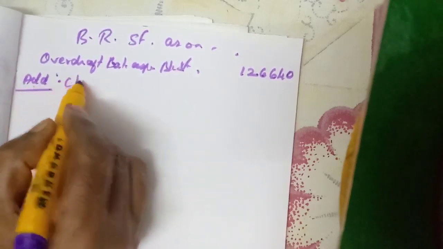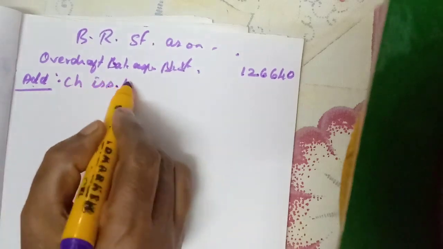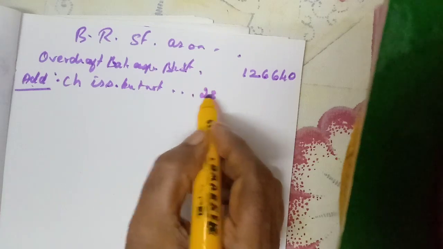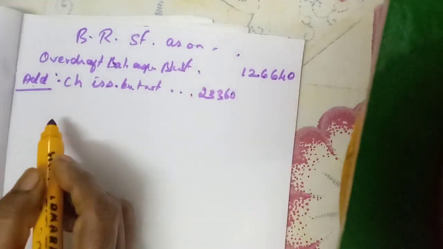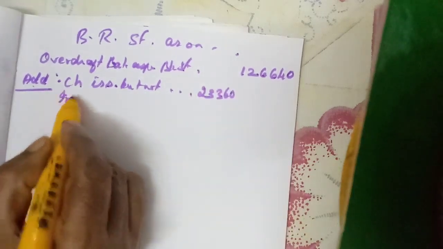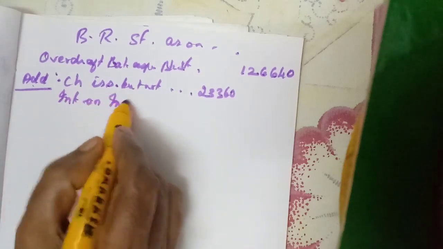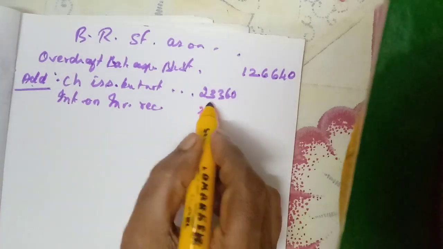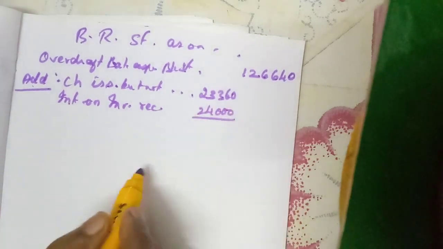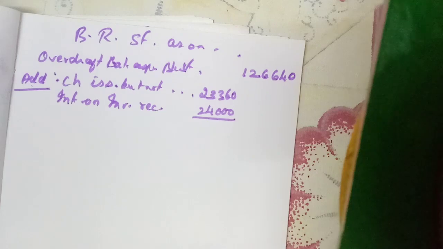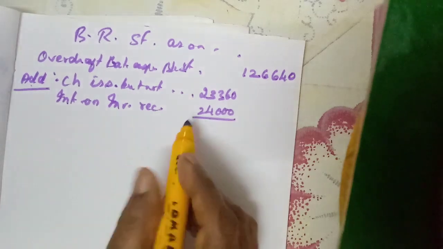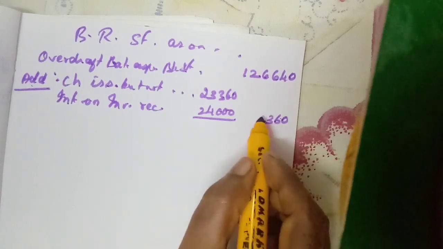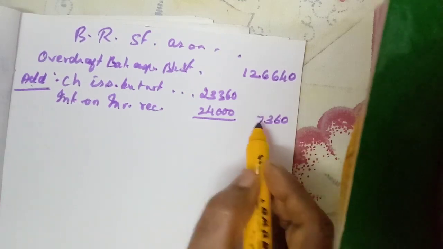Check issued but not presented for payment, 23,360. Then interest on investment received, 24,000. Only two items should be added, isn't it? Total 1,74,000.